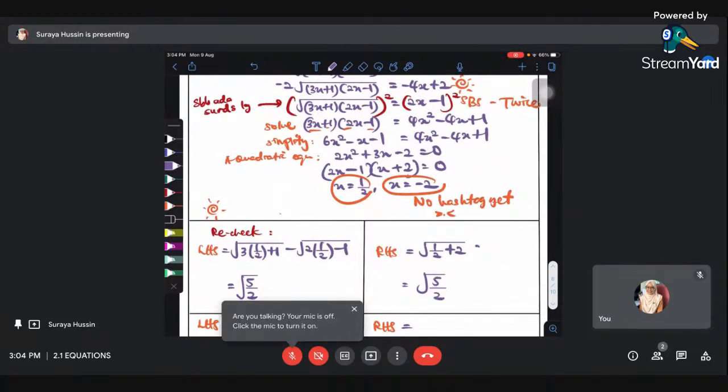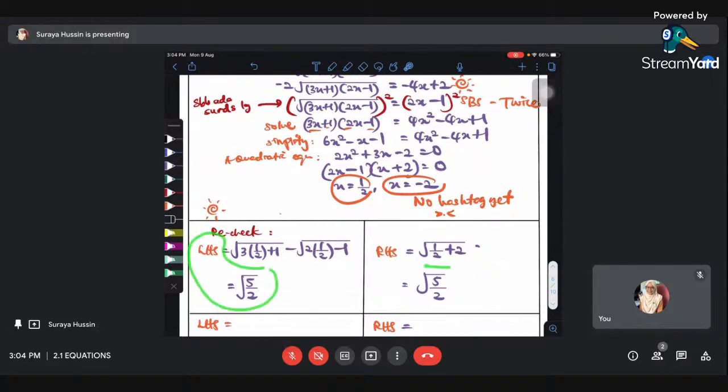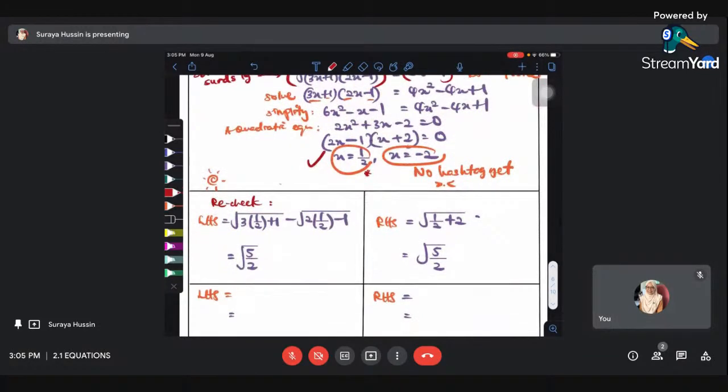Oh, you are very happy, sebab left dia sama dengan right dia. Okay, the left is the same as the right hand side. Therefore, this is the correct answer. Bolehlah letak hashtag untuk 1/2 baru. Untuk 1/2 yang dia sama kiri dan kanan. But untuk negative 2 pula, adakah dia sama?